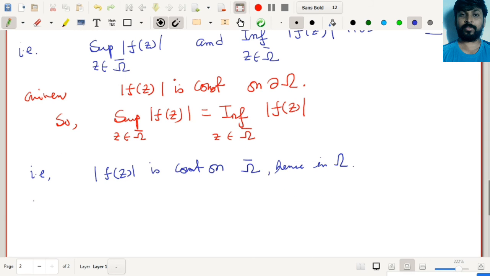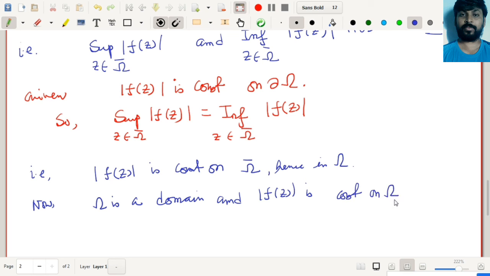Now omega is a domain and mod of f(z) is constant on omega.